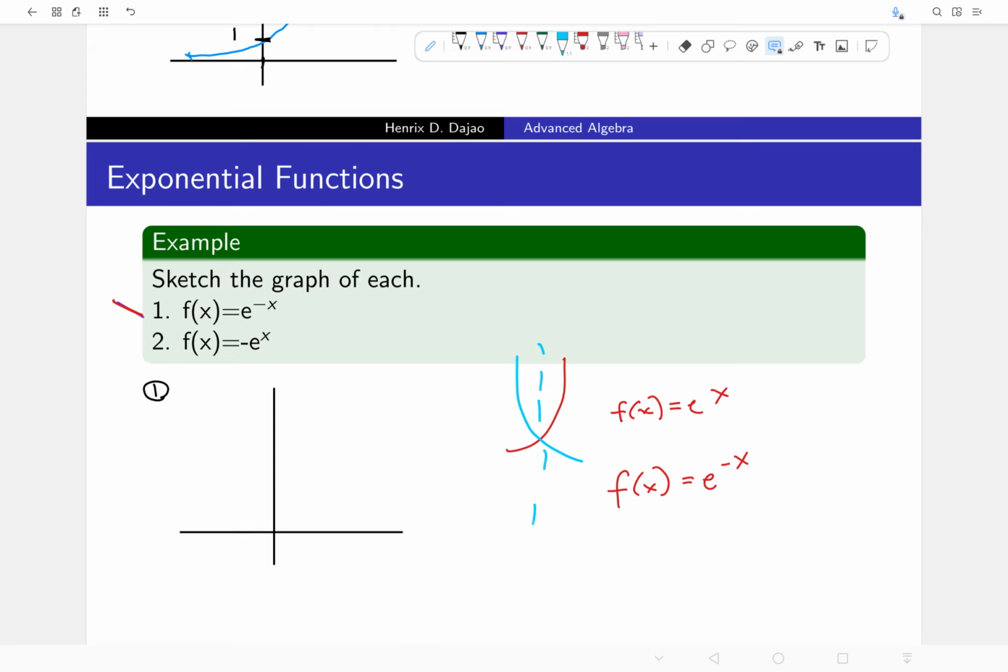So this is our y-axis. Okay, so the graph now looks like this. So this is now the graph of our f defined by this.